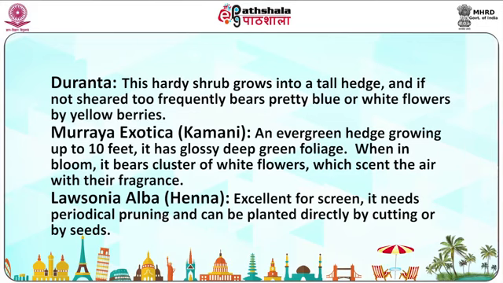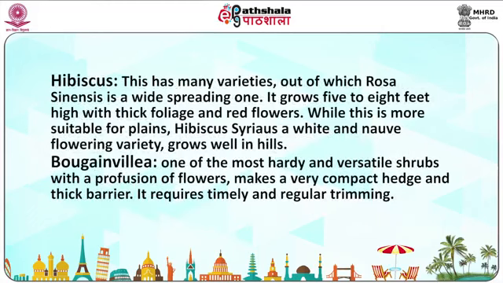Another plant which can be grown as a hedge is henna, which is excellent for screens. It needs periodical pruning and can be planted directly by cutting or by seeds. Then hibiscus is another shrub which can be grown as a hedge. This has many varieties, out of which Rosa sinensis is a wide spreading one.